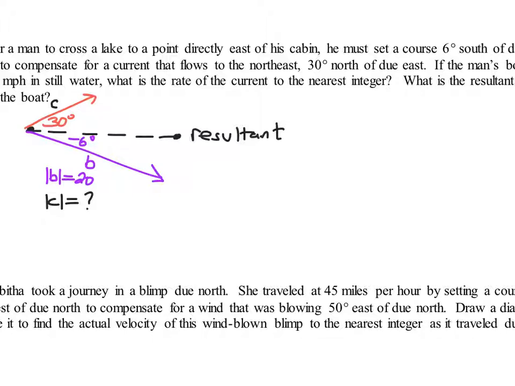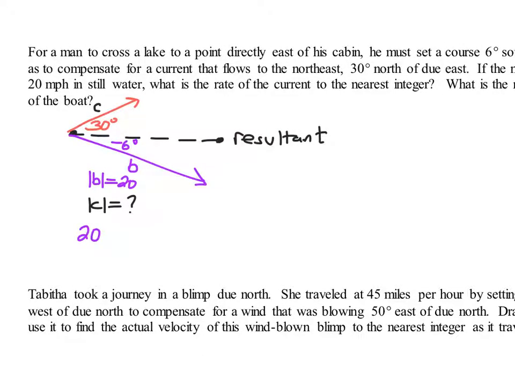So we need some information here. First thing we could figure out is that we have 20, if we're dealing with a boat, and we want to just kind of cut to the chase a little bit. For the boat, it's 20 multiplied by the direction vector, which is negative 6 degrees.